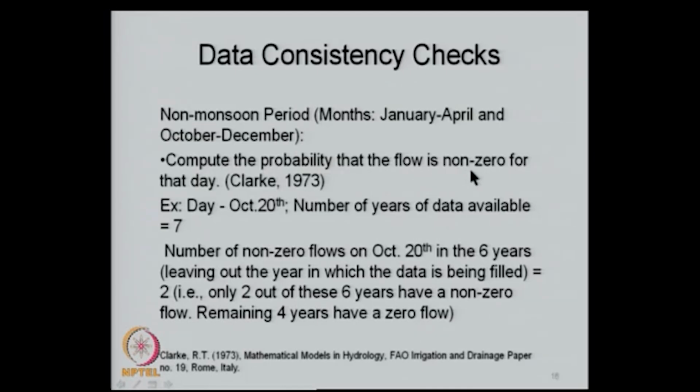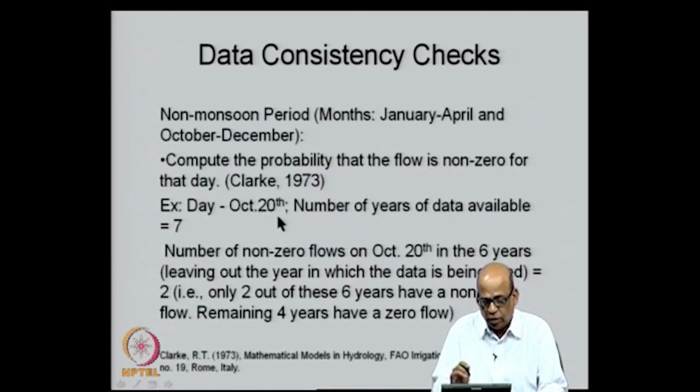Once you know that, you have the probability of non-zero flow for a particular day. Let us say the example is October 20th, the number of years of data available is 7, and the number of non-zero flows in the 6-year period, leaving out the year in which the data is being filled.